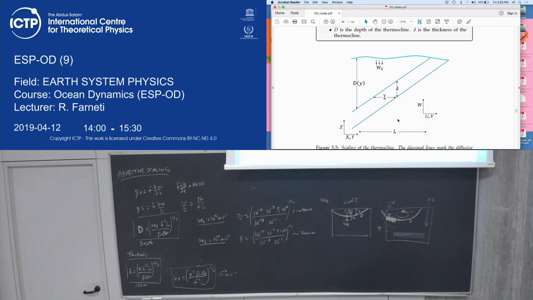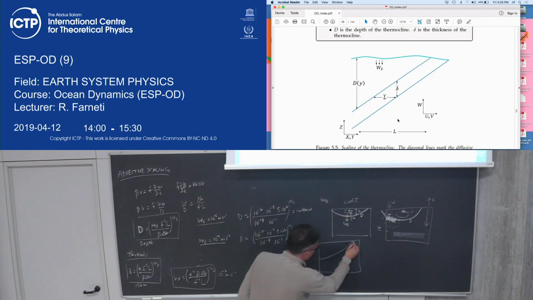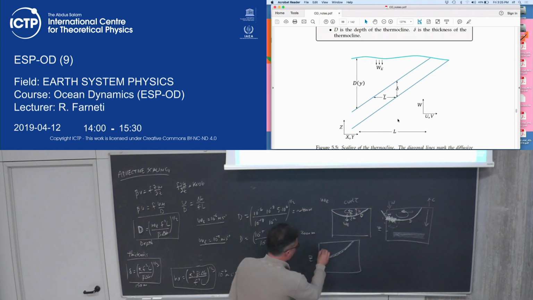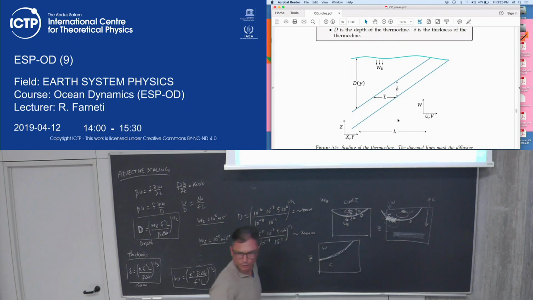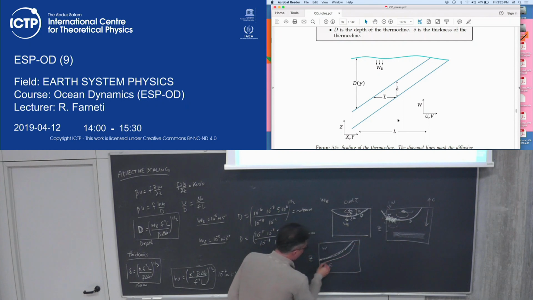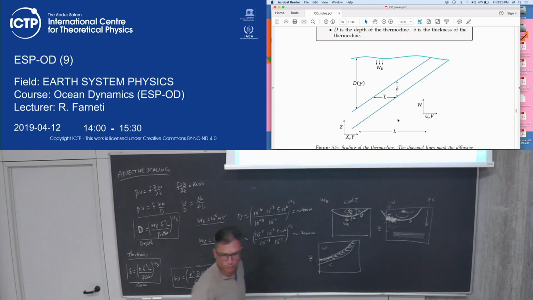So one thing is the depth of the thermocline, and another thing is how thick my thermocline is. In this case, I could have a thermocline which is like this. This is Z, and so it's very thin, and this is warm water and this is cold water. Or I could have a thermocline that is actually very thick, but there's a lot of mixing.